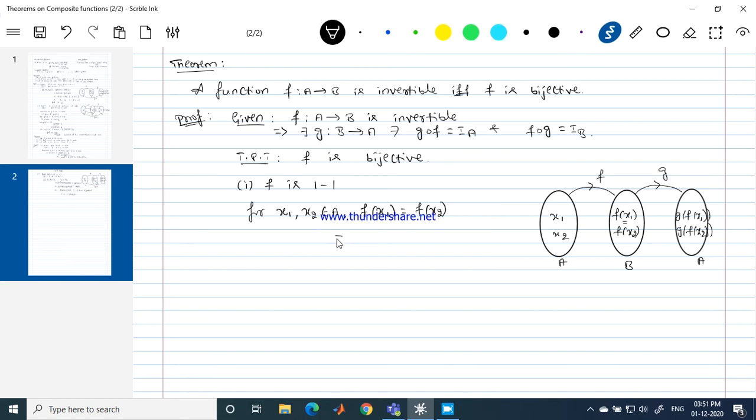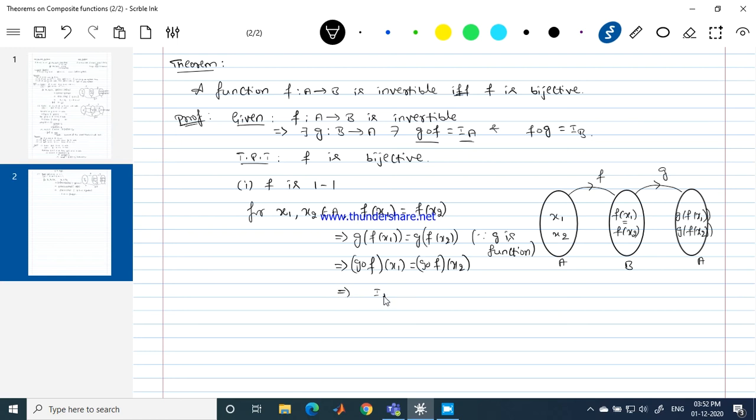Because G is a function, I can rewrite this one as G of F of x1 is equal to G of F of x2. So look at the reason: because G is a function. So this implies, this comes from the definition. Definition of composition says G composition F of x1 is equal to G composition F of x2. But what we know is F composition G is nothing but IA. This is given.